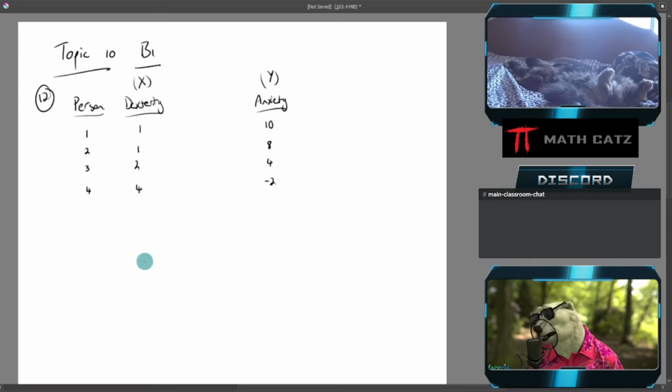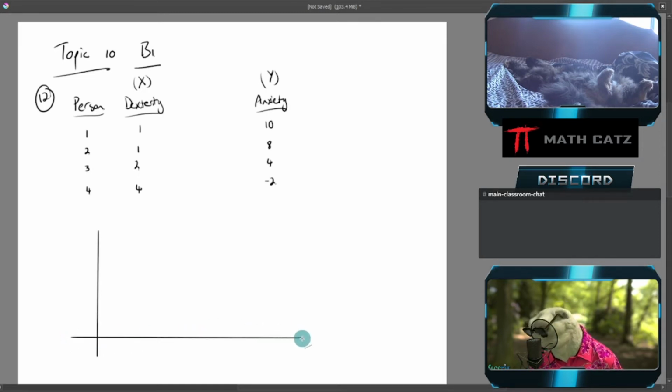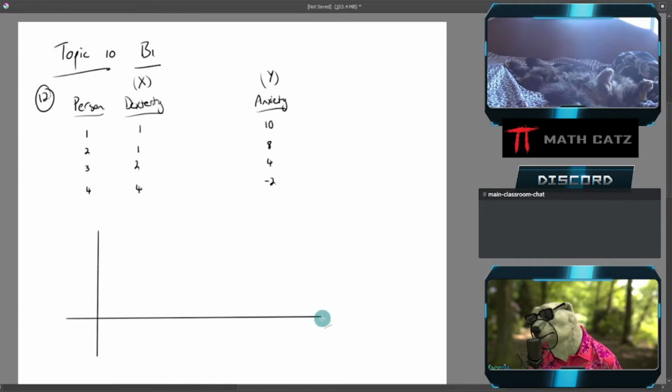Next, I'll do it below here. We want, according to the question, to have a scatter diagram to visualize what's happening here.